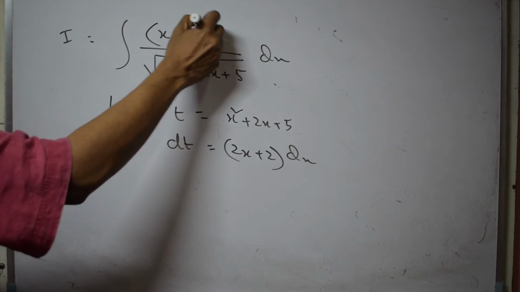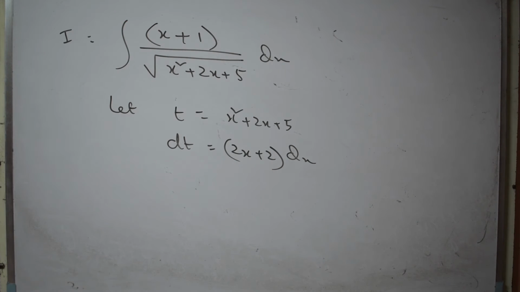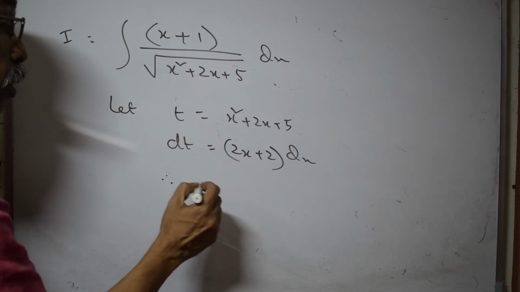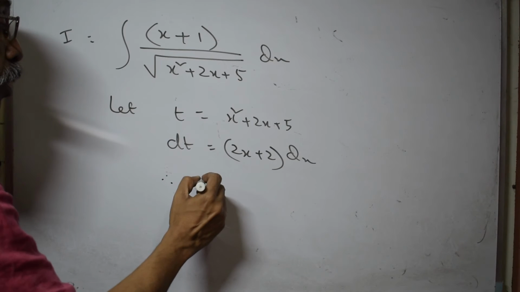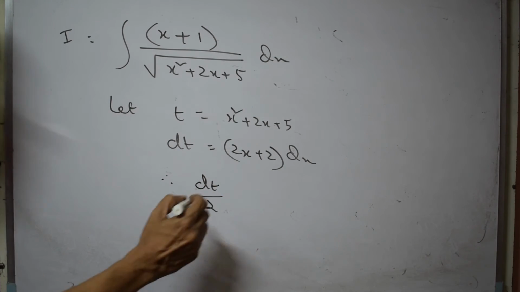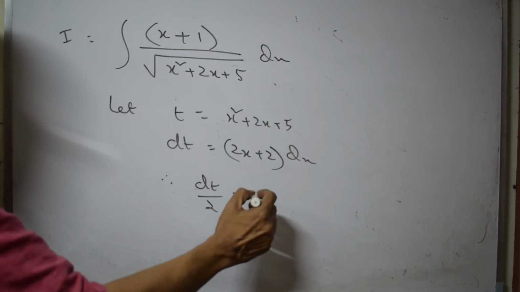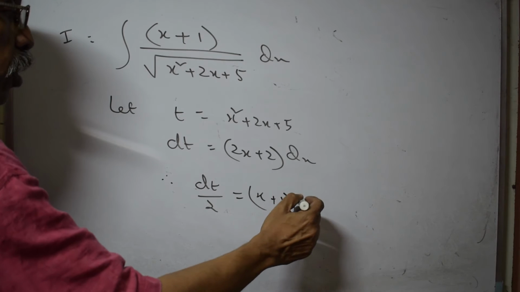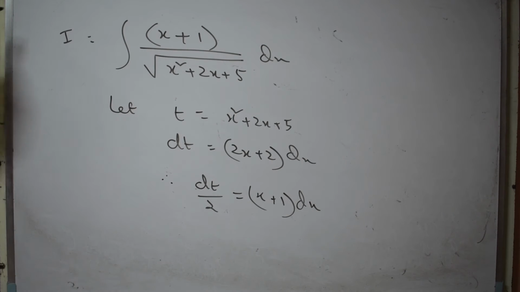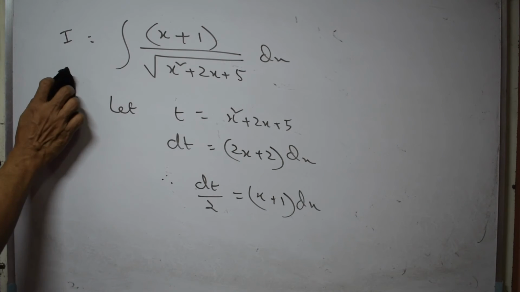If you watch this question, that is x plus 1 dx, taking 2 common, means dt by 2. That 2 comes from this expression, to give you x plus 1 dx. So if you go back to the problem, we are finding x plus 1 dx is dt by 2 and the denominator will be root t.